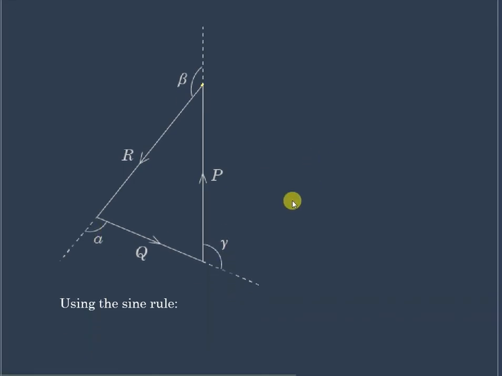And now when you use the sine rule, this is 180 minus beta, 180 minus alpha, and this other angle here is 180 minus gamma.